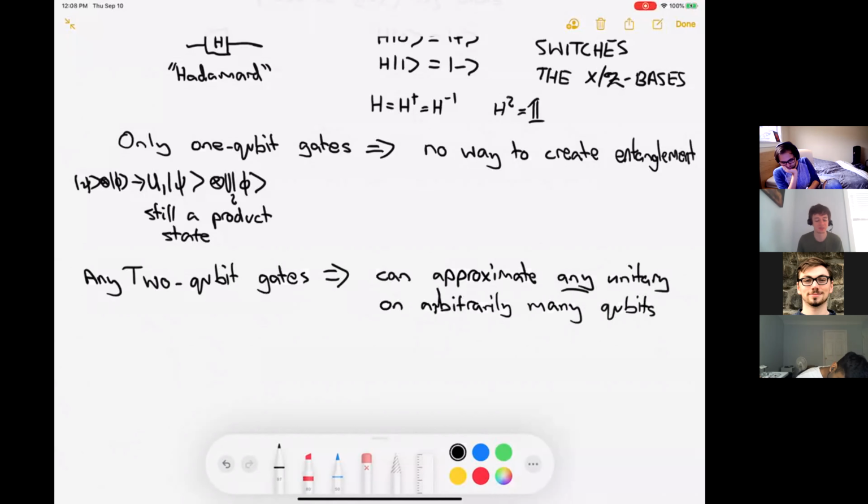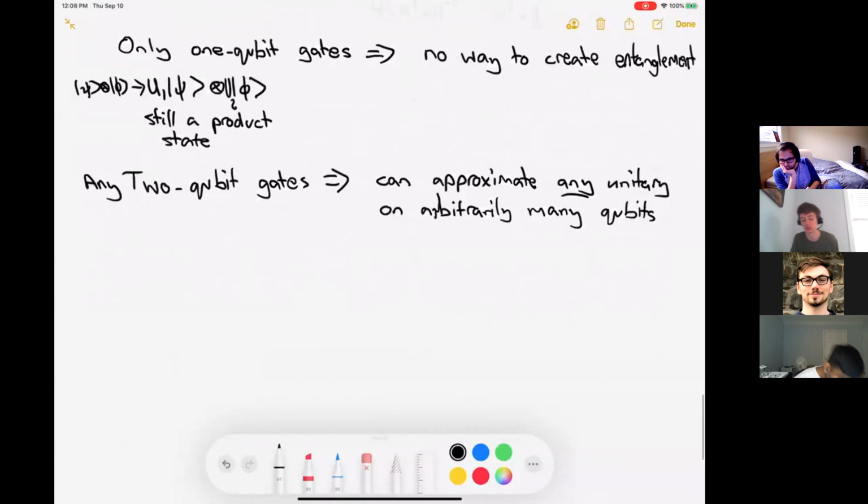I want to emphasize at this point, I'm only claiming that this is true if you can apply any 2 qubit unitary matrix to any pair of qubits. Later in the course, we're going to see some weaker conditions that will let you do the same thing. Okay. So let's see some important examples of 2 qubit gates.